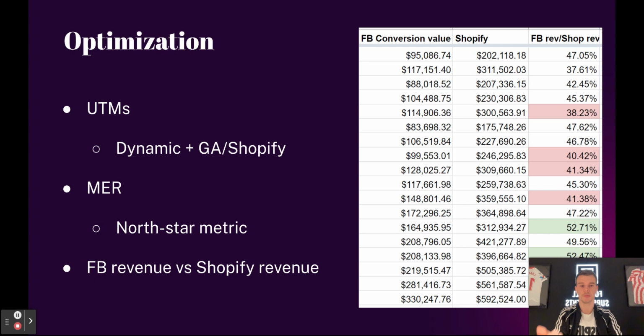Potentially it could mean that Facebook is over attributing, or potentially we sent some email that resulted in more sales than usual. That way I can keep track of what level my Facebook conversion value is compared to my Shopify revenue, so I can potentially adjust all of my decision making.